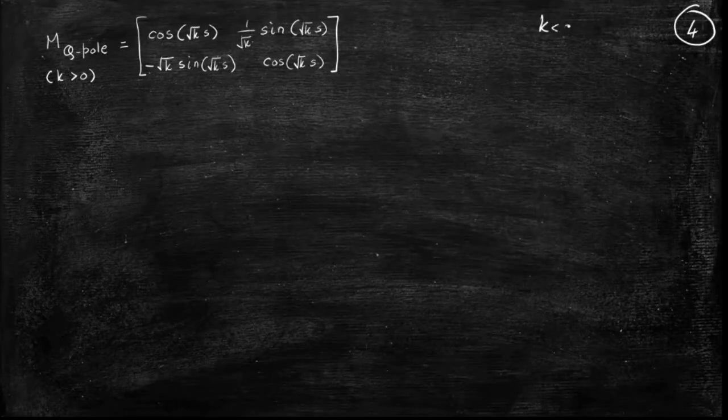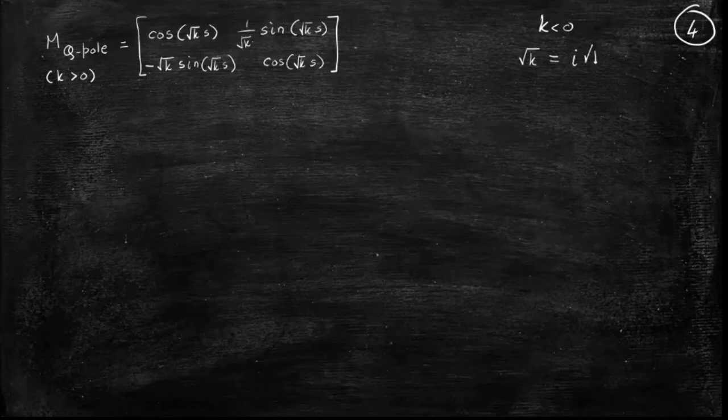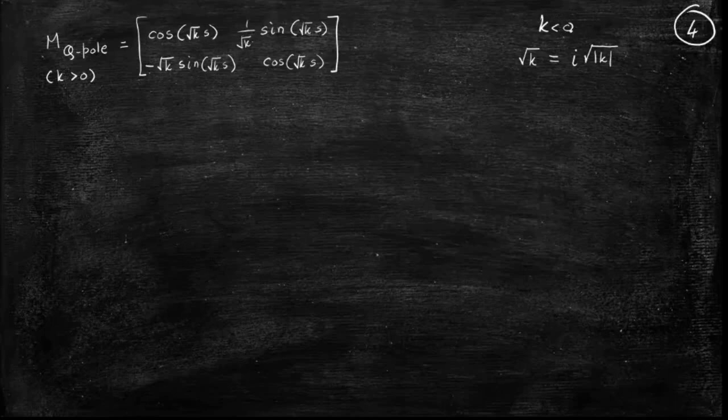If K is less than 0, then square root of K can be written as I times square root of modulus of K. Agreed? Yes? Yes, sir. If K is less than 0.